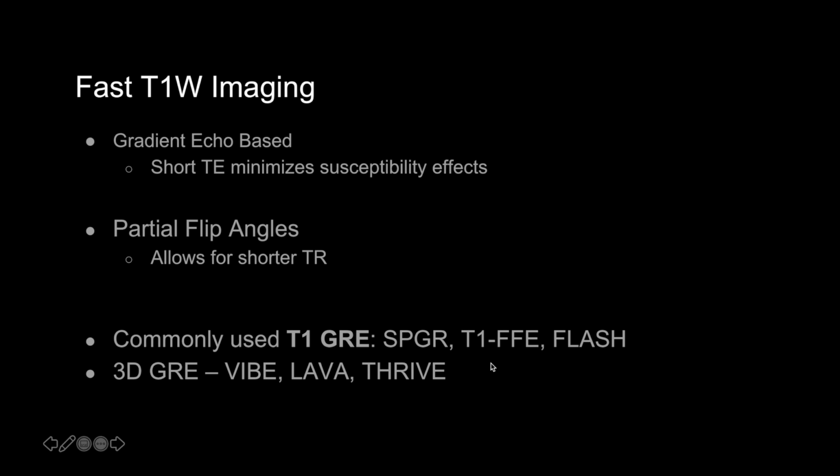And it's not important to memorize these names, but just recognize them. They're all going to be different based on the vendor of the MRI machine. For example, SPGR refers to a spoiled gradient echo type sequence. VIBE, LAVA, and THRIVE, again, depending on your vendor, you're going to know that you're looking at 3D T1 weighted images, and then you're going to see dynamic post-contrast images as well.